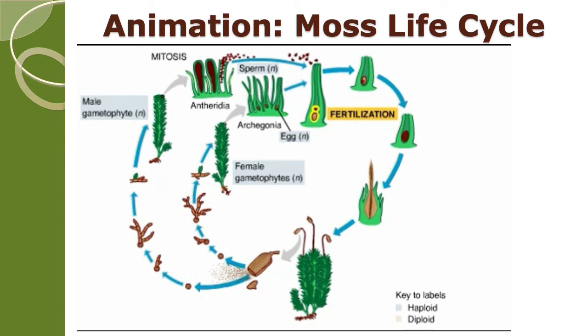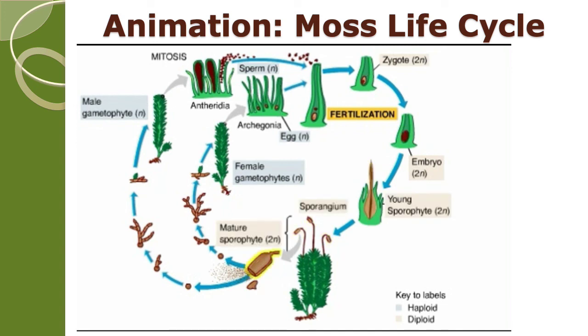A diploid fertilized egg, called a zygote, develops into an embryo, which grows into a sporophyte, a tall filament with a sporangium at its tip. The sporophyte obtains its nutrients from the female gametophyte. In the sporangium, diploid cells undergo meiosis to produce haploid spores.